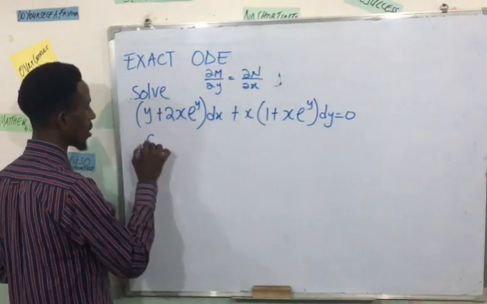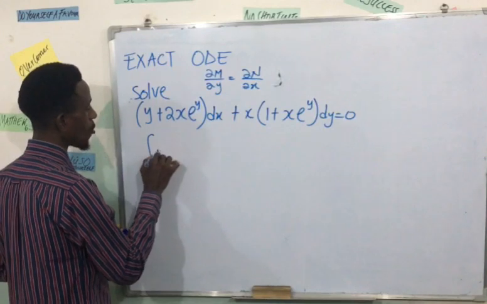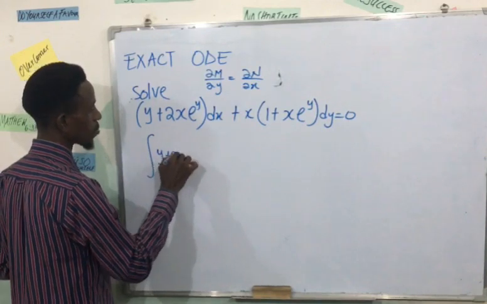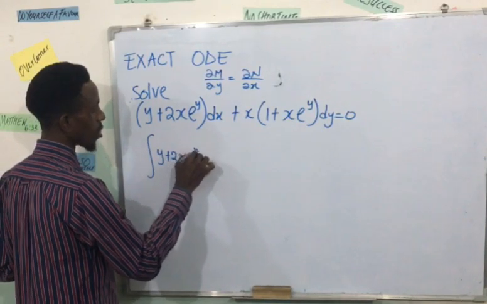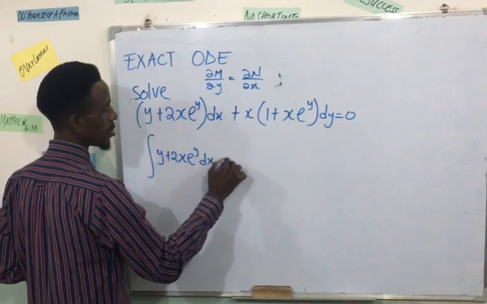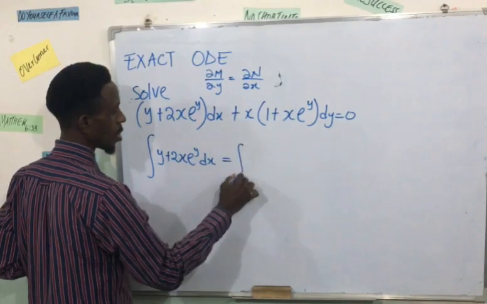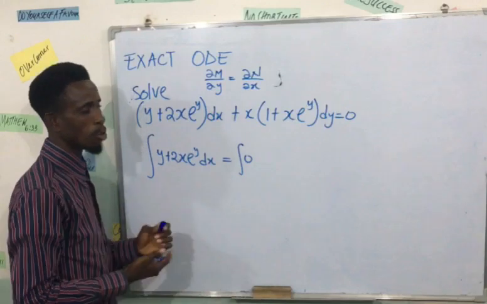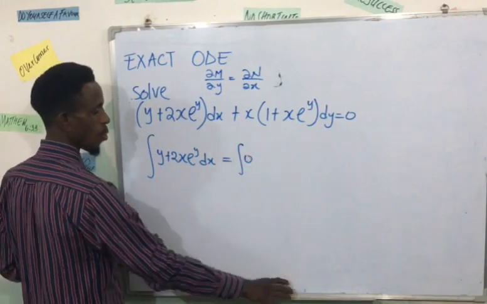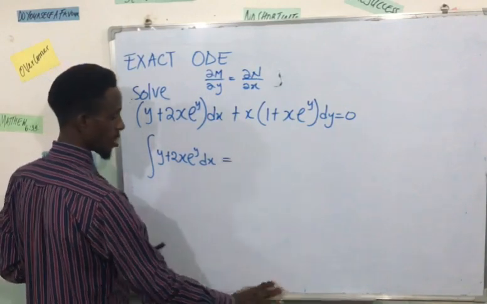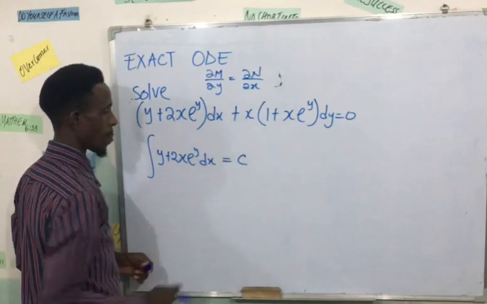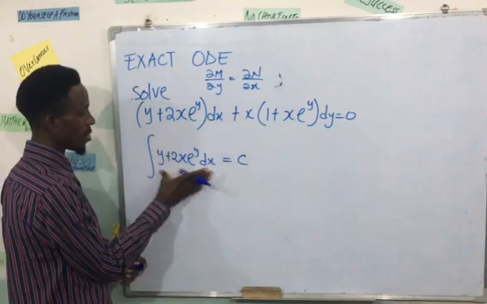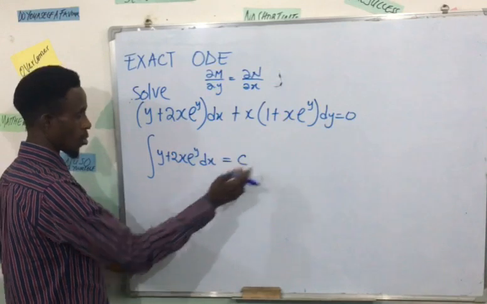So I'm going to have the integral of y plus 2x exponential y dx is equal to the integral of 0. And if I integrate 0, I'm going to have a constant. So I'll just put it here. Integrating this, thank God it's a constant here.